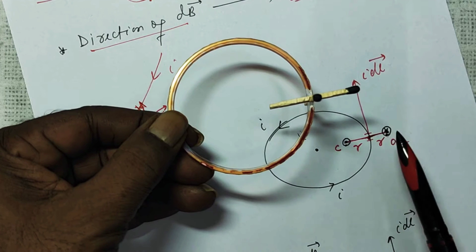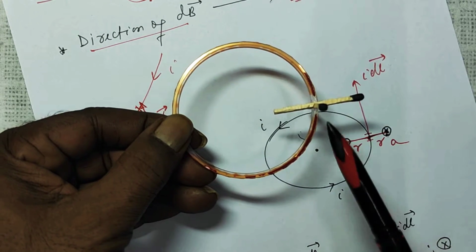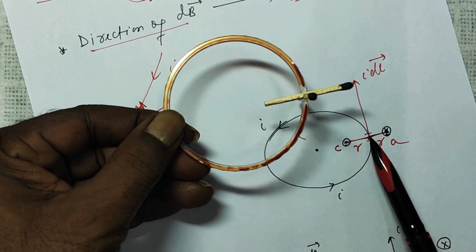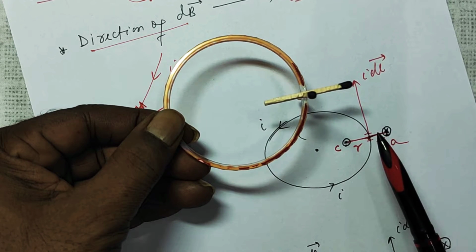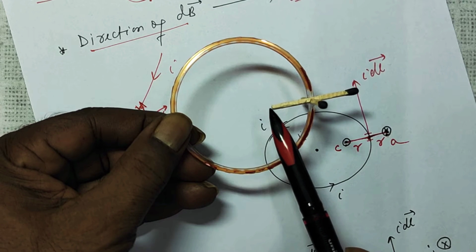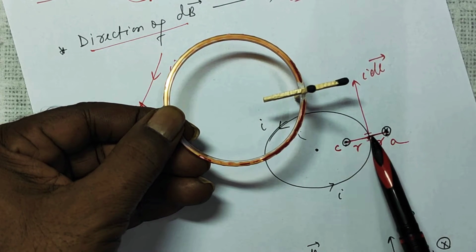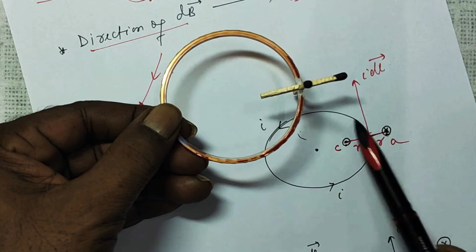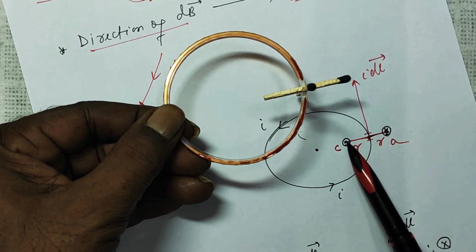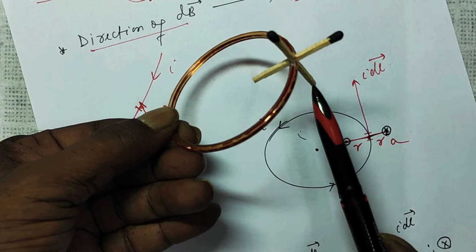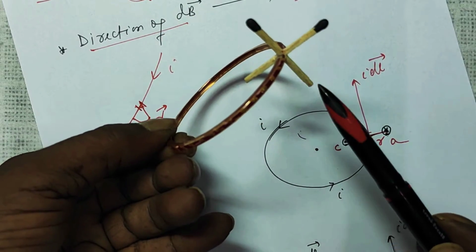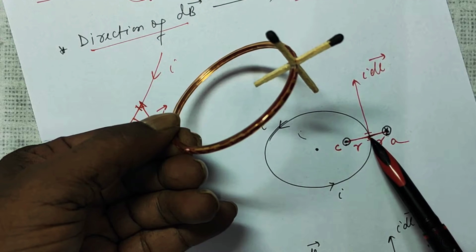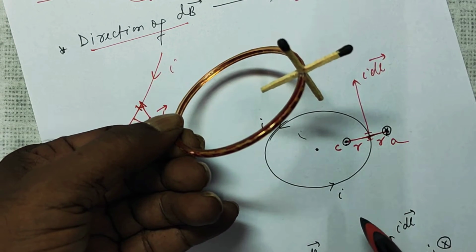This point is B, at a distance r from this point vertically upward. And this point is C, in the plane of it, but inside the coil. This is outside the coil, this is inside the coil. And this point is D, at a distance r from here, that is below this point into the plane of the paper.